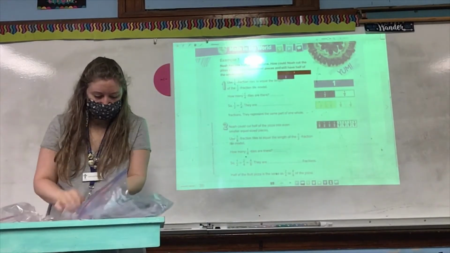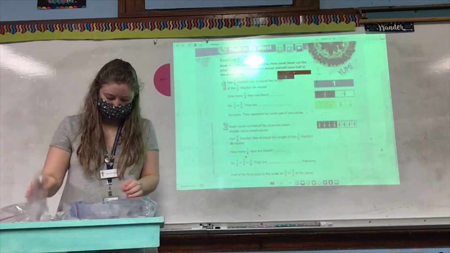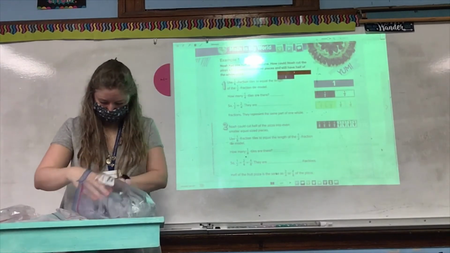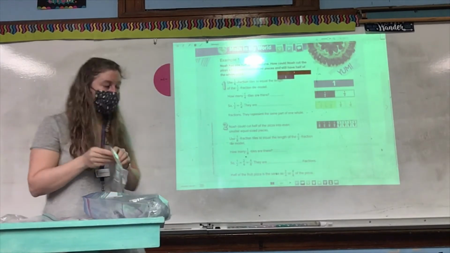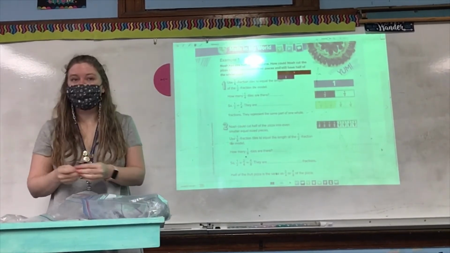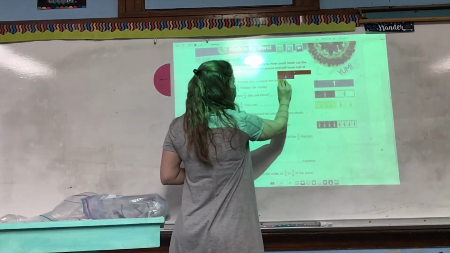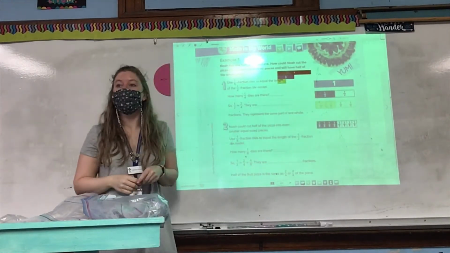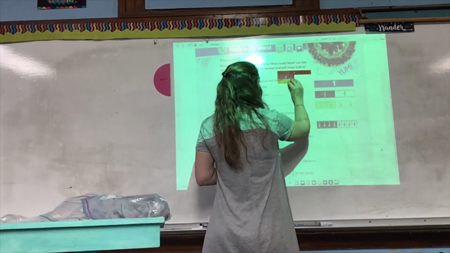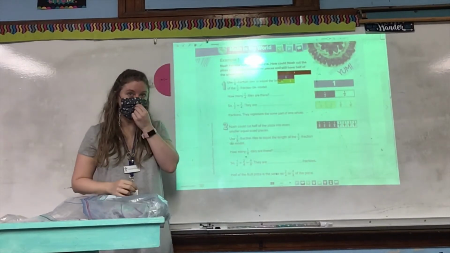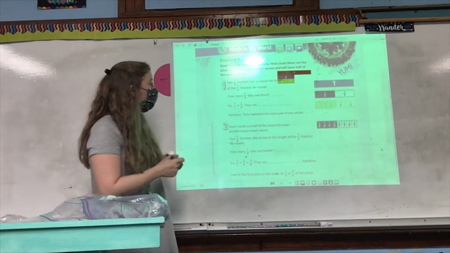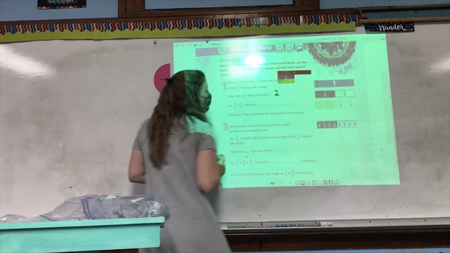Then, he took 1/4 tiles. And he lined them up until he either matched it or was a little off. So he took one 1/4 tile, just one 1/4 tile. Does it match, class? No. So then he took another. Do 2 1/4 tiles match? Class? Yes. So that means there are 2 1/4 tiles.